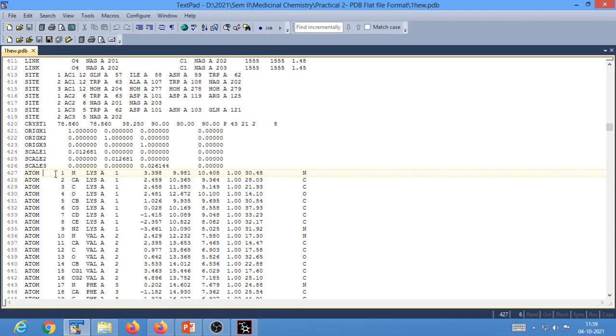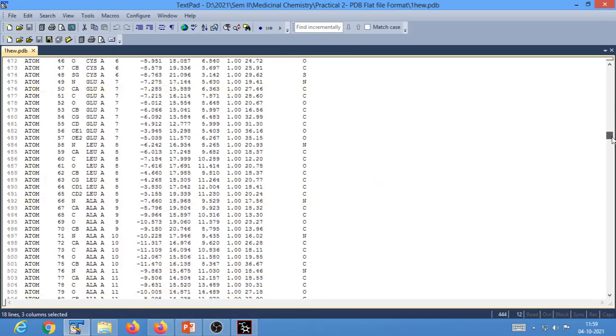This indicates that this is the first atom in your PDB file. This line corresponds to the second atom, the third atom, the fourth atom in your PDB file, and so on and so forth.